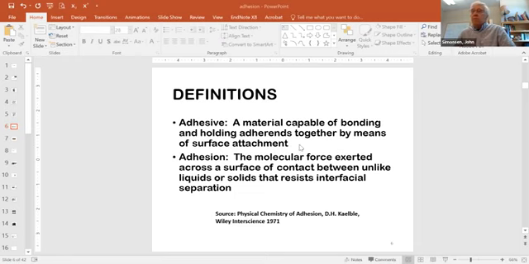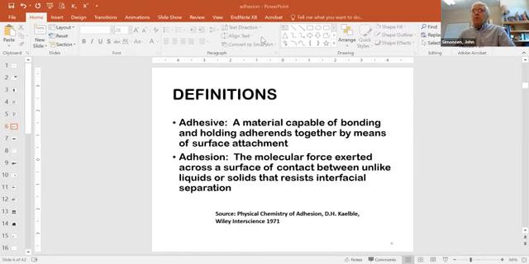Adherend or substrate mean the same thing, right? Synonyms. And it means by surface attachment, right? So this surface attachment is important when you're talking about adhesives. And adhesion is a molecular force across a surface of contact between unlike liquids or solids, or like liquids and solids that are just two different pieces, right? And we're not going to trouble ourselves with liquids, but solids that resist interfacial separation.